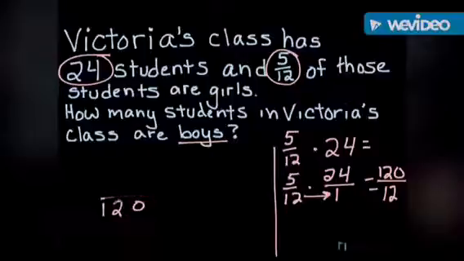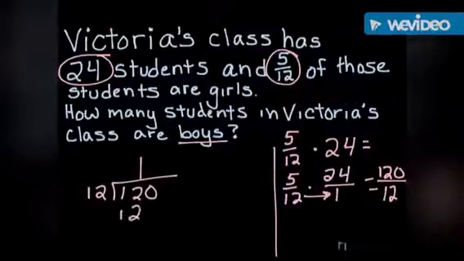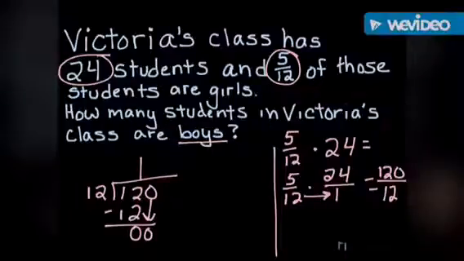So I need to change that improper fraction to a mixed number. 12 goes into 12 one time. 12 times 1 is 12. 12 minus 12 is 0. Bring down the 0. 12 goes into 0 zero times. Oh, duh, 12 times 10 is 120. So our answer here would be 10.